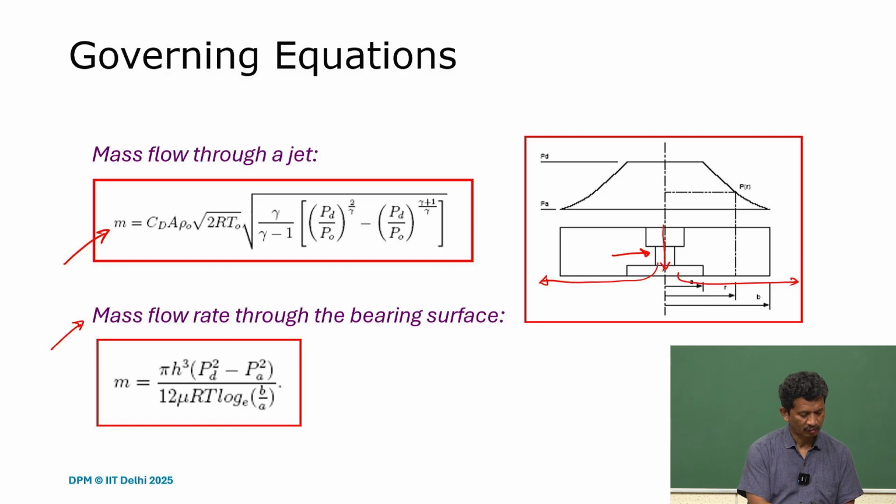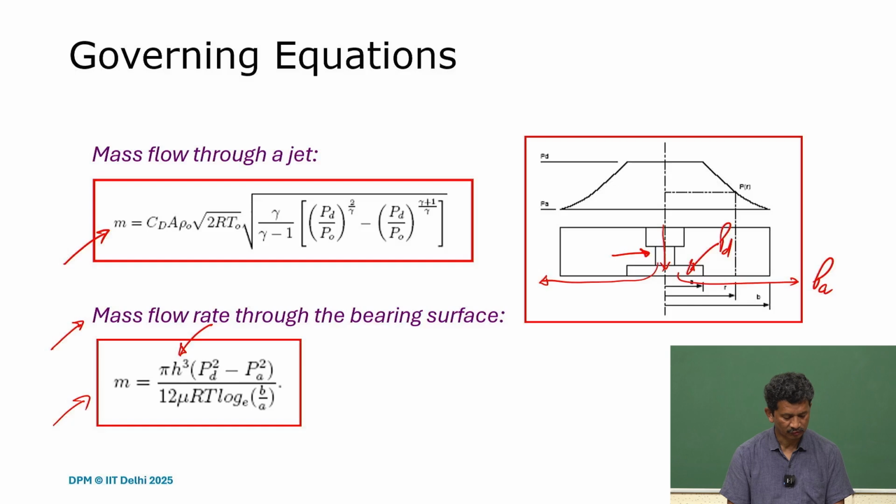So we can take a section and, assuming it's a laminar flow, we can calculate the mass flow rate for a given air gap. H is the air gap we are talking about, and again PD is the pressure here in the pocket, and outside is atmospheric pressure.